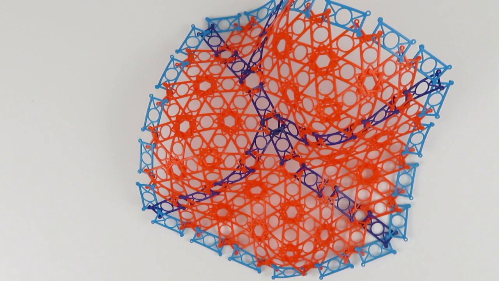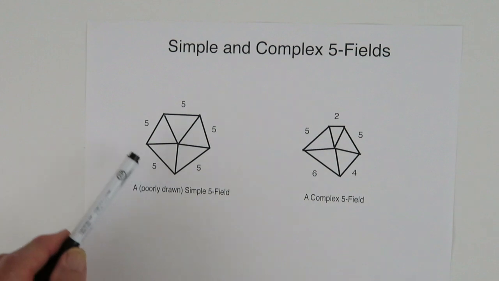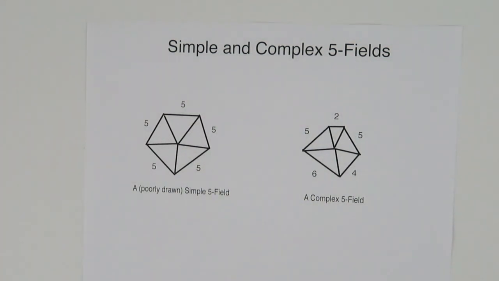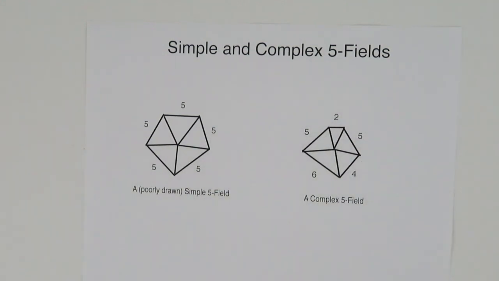And at some point I'll understand how to do these things in a systematic fashion, but not right now. This is the same sort of diagram as for the 6 field. Here's a uniform 5 field with, in this case, 5 edges around the periphery. But here's the one I was just describing with 2, 5, 6, 4, 5 edges, which is highly distorted.